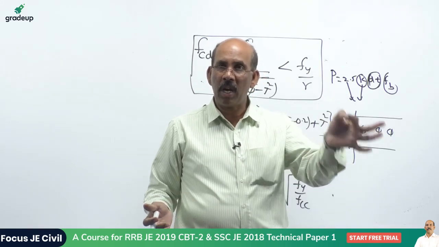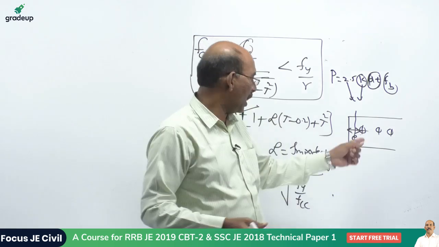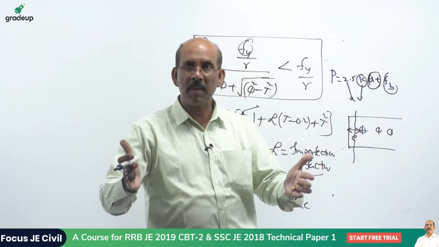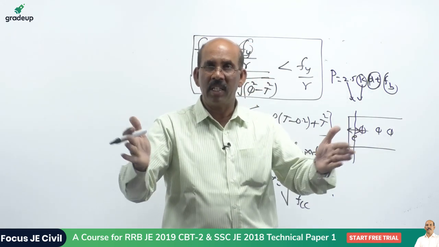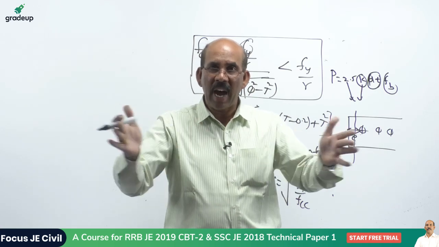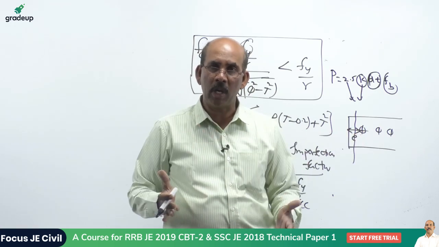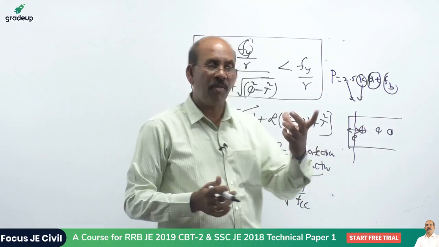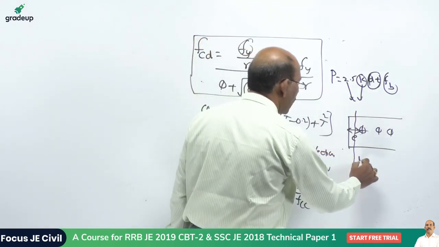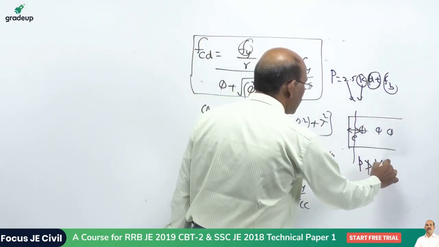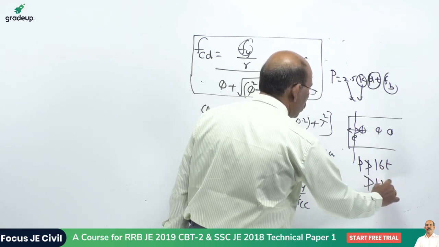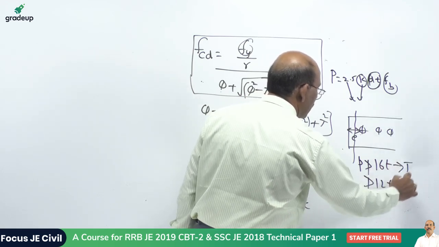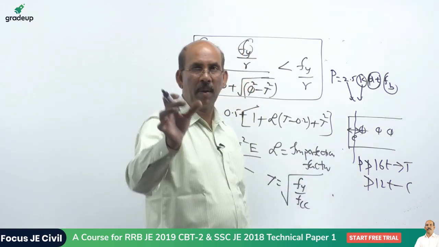Similarly the pitch, the distance between the rivets, you should not make too close, and accordingly the pitch cannot be more than 16 times t for the tension member, and not more than 12 times t for the compression member.